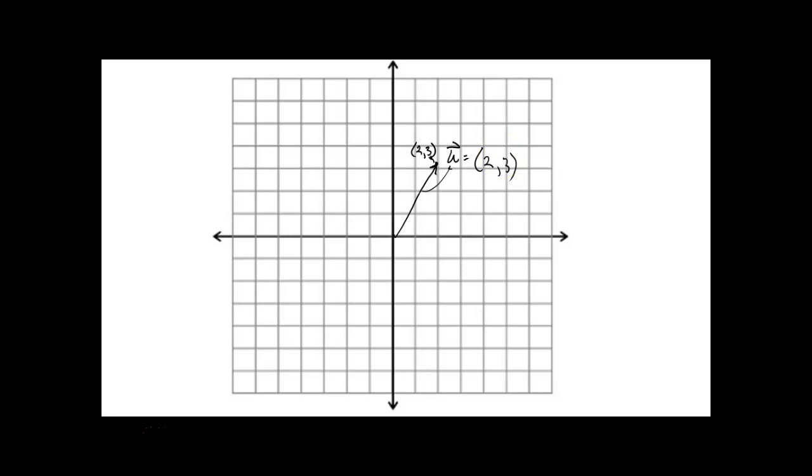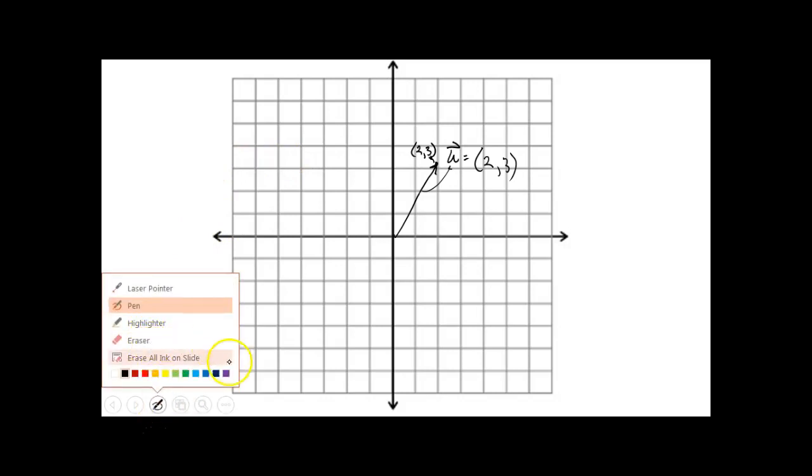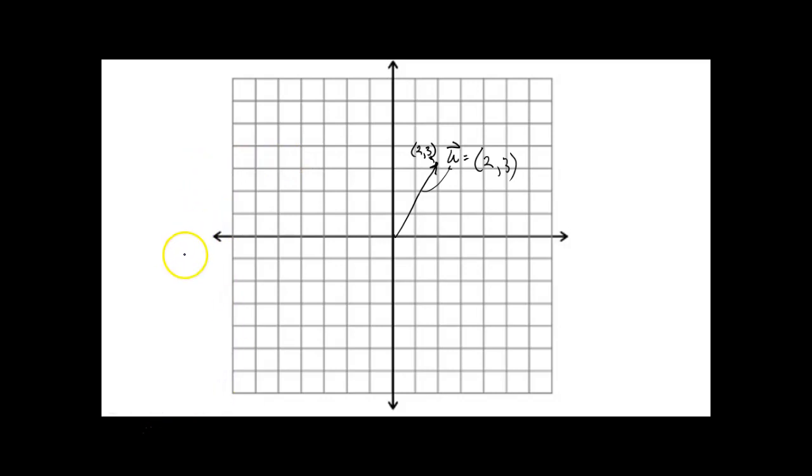Now, to represent the vector v, negative 1, 2, I'll do this in a different color. How about purple? So v is negative 1, 2. That would be left 1, up 2. So here would be vector v. Negative 1, 2.